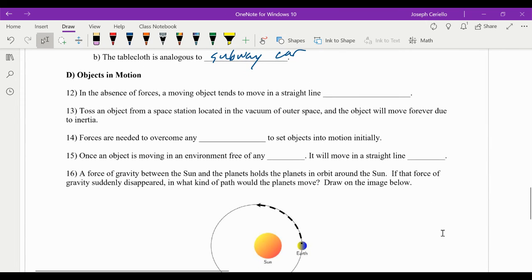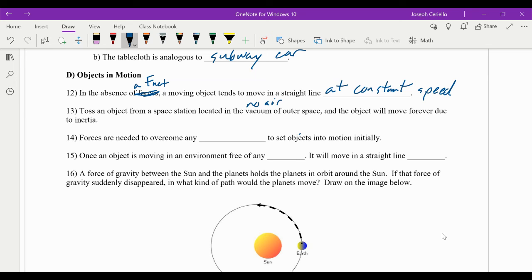So just again, more info here. Objects in motion: in the absence of forces, a moving object tends to move in a straight line at constant speed. Now I want to actually fix that. In the absence of a net force. If you toss an object from a space station located in the vacuum of outer space, meaning no air, so no friction, the object's going to move forever, due to its inertia, its tendency to keep its state of motion.